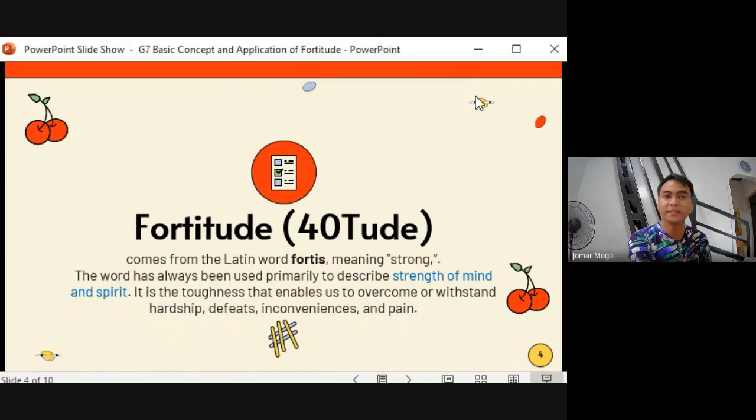We experience several hardships, obstacles, hindrances in our life. Pero dapat yung mga bagay na yun, hindi dapat yun yung pipigil sa atin para maabot yung mga pangarap natin sa buhay. Especially during this time of pandemic, we are experiencing several problems when it comes to food supply, transportation, even in academics.